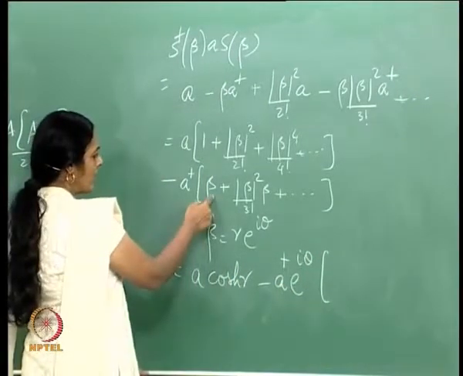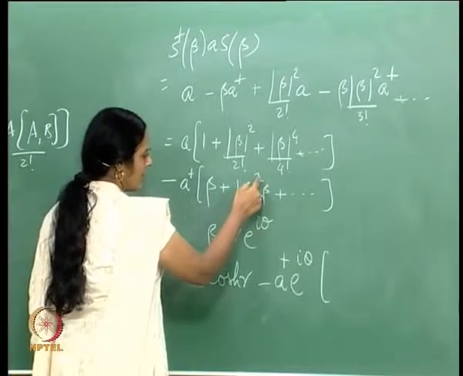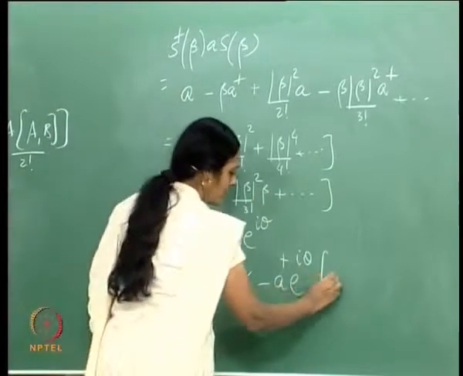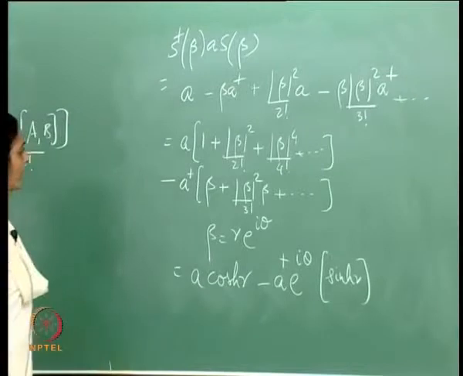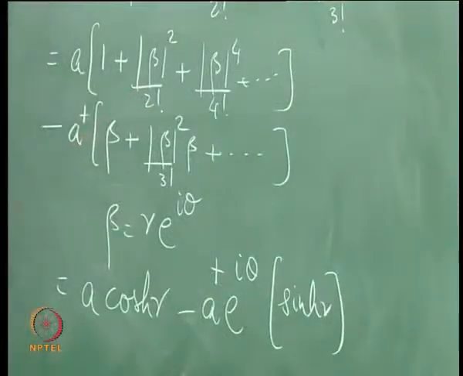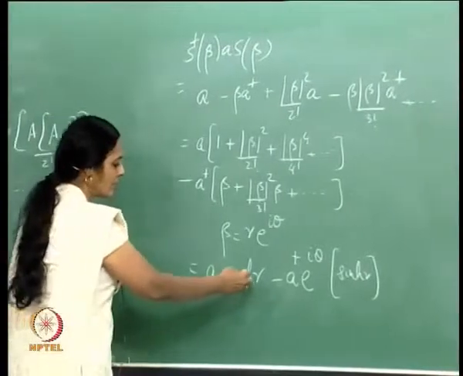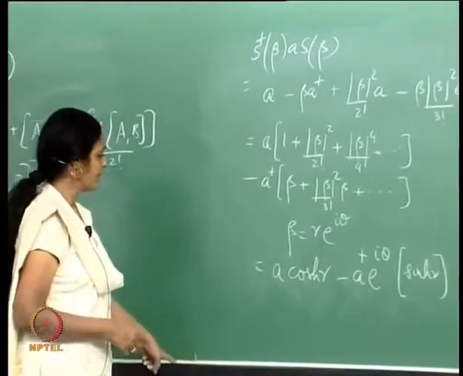And what is left behind is an r plus, there is an r squared here and an r here, so an r cube by 3 factorial and so on. And this is what I have. So, I have S dagger of beta A S of beta is simply A cos h r minus A dagger e to the I theta sin h r.